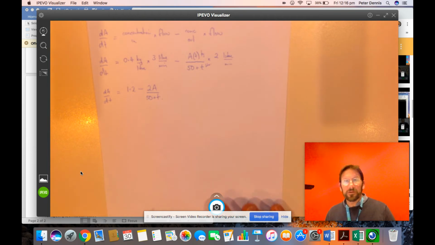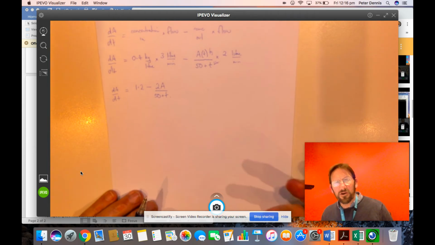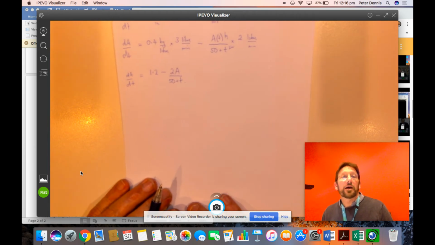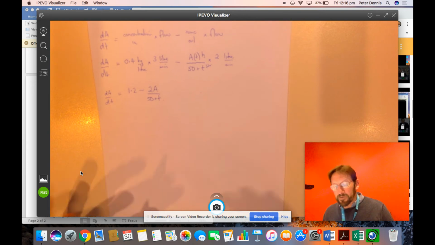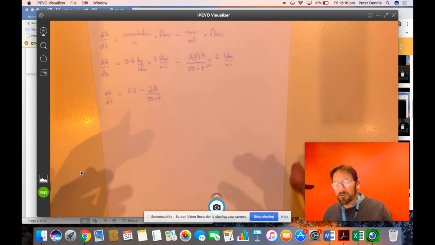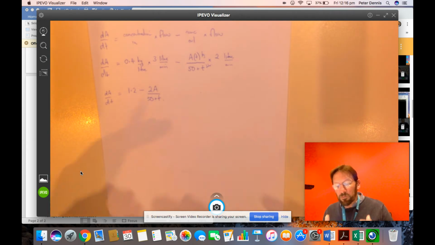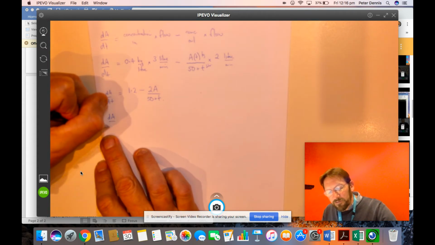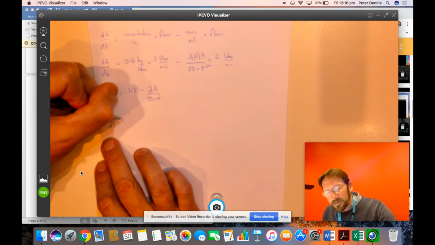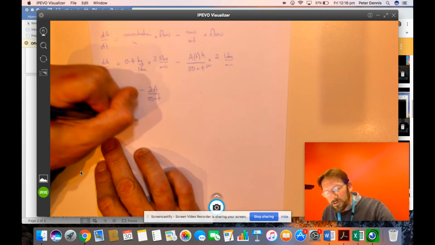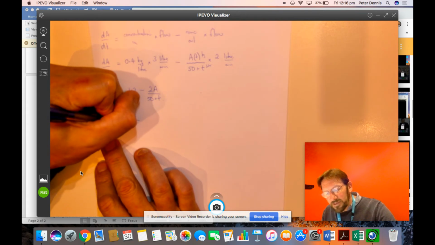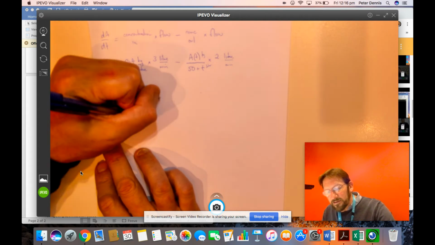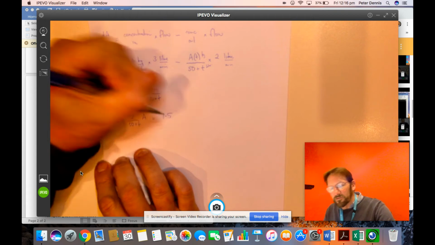Now, the next step is to really think, how do we solve this type of equation? That's a big part of this course: now we've got this, how do we go about solving? Which method are we going to use? I can rewrite this as dA/dt plus 2 over 50 plus t times A equals 1.2.